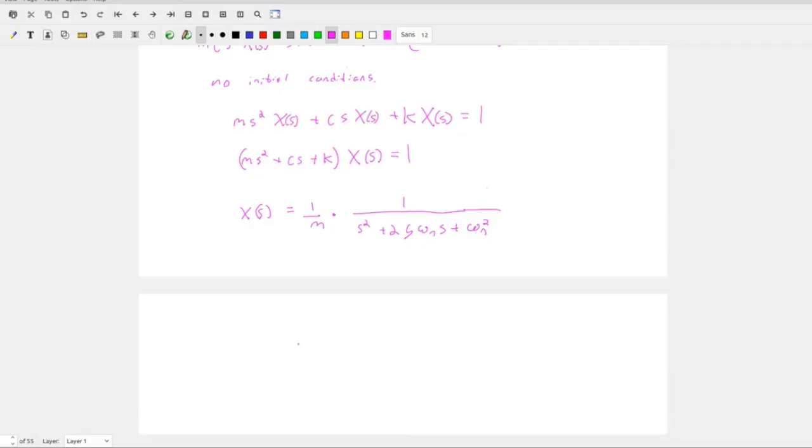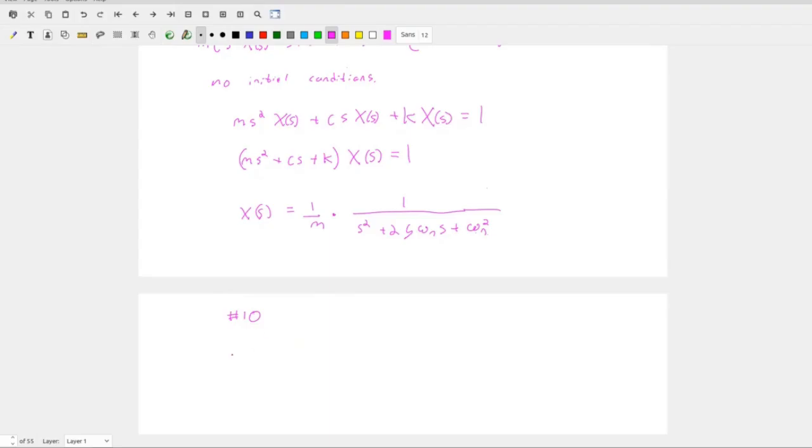All right, so again, we can go ahead and find this in the table. Does anyone see it on the table? Yeah, so number 10.